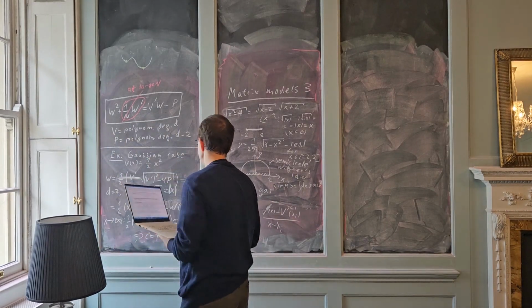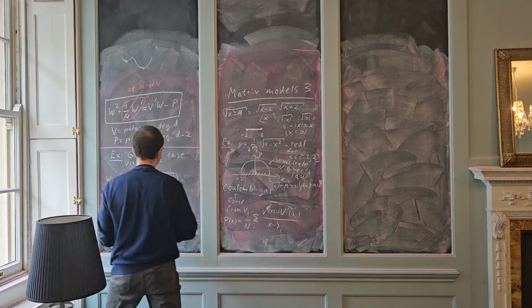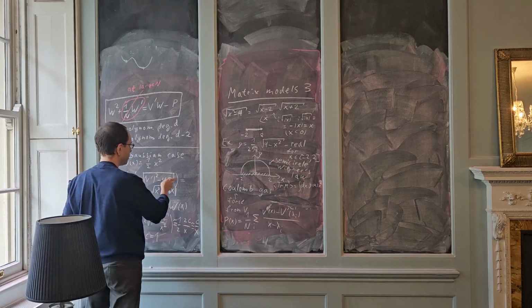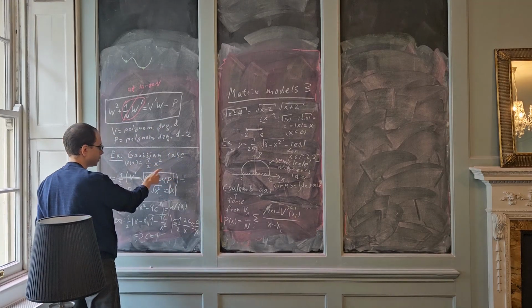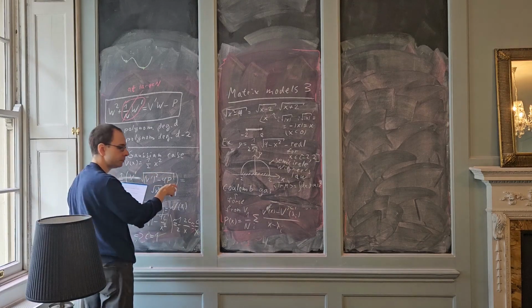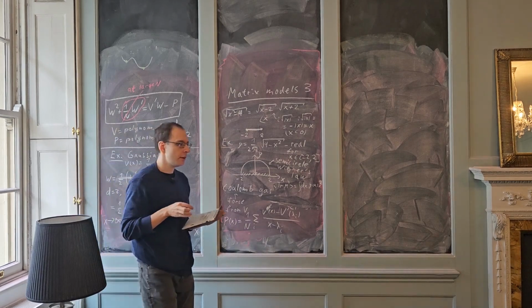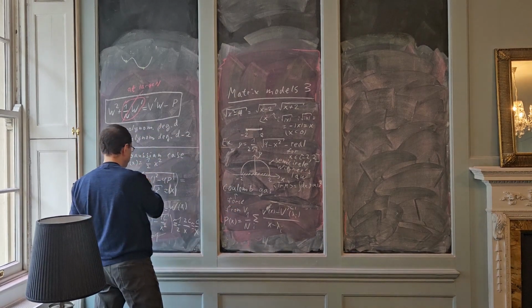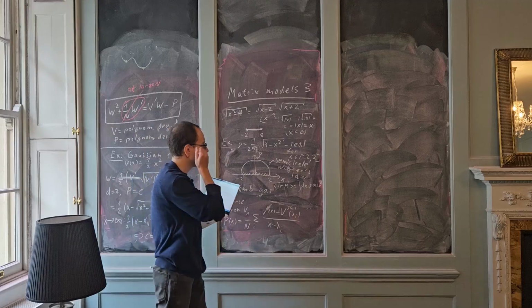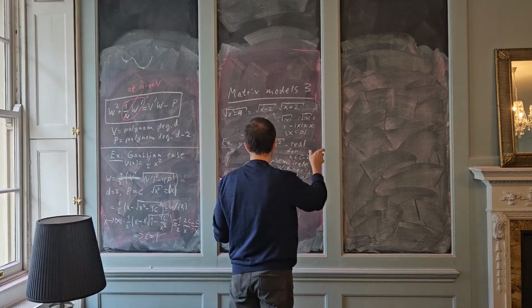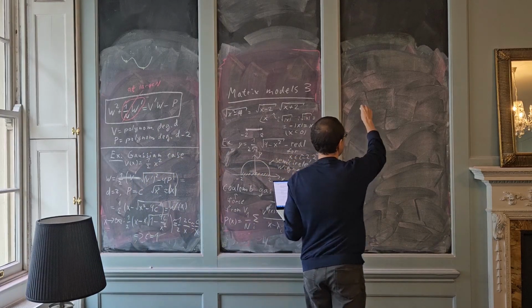Basically, the level of complexity is determined by the potential, for the following reason. The solution always has this form: the square root of the derivative of the potential minus some polynomial. So we have some polynomial under this square root, and depending on its degree, it will have some roots.